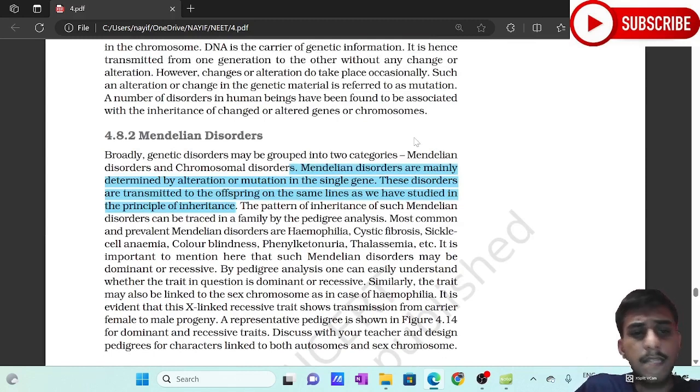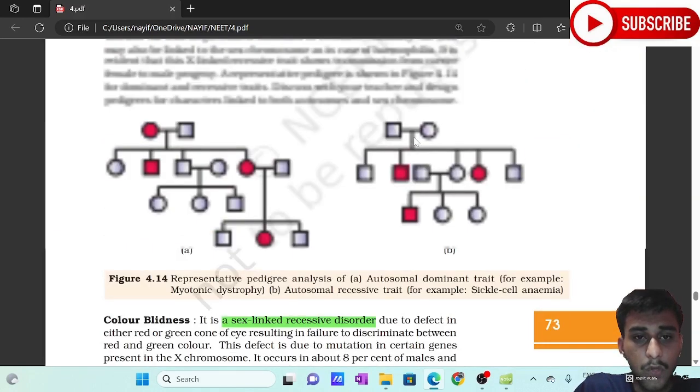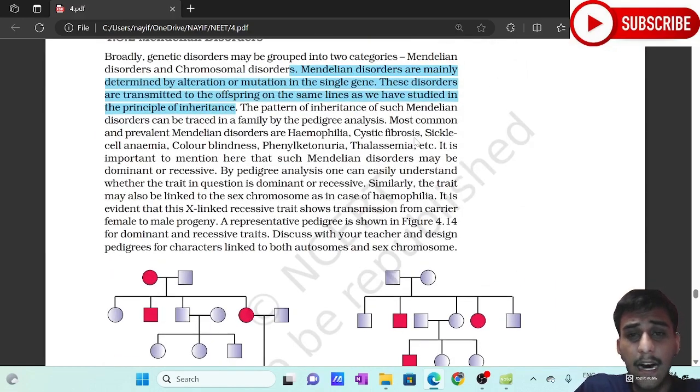The disorders are transmitted to the offspring on the same lines as we have studied in the principles of inheritance. From pedigree analysis one can easily understand whether the trait in question is dominant or recessive. The pattern of inheritance of Mendelian disorders can be traced in a family by pedigree analysis.